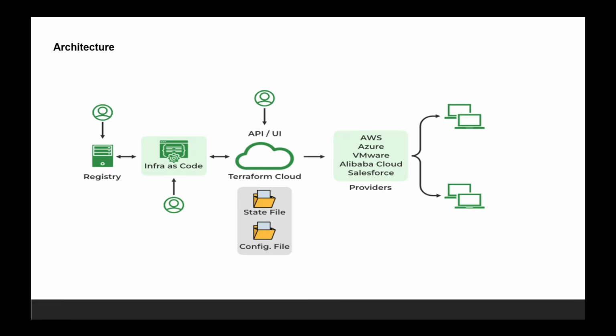This architecture works on the user's infrastructure as code. First, the user creates files containing the desired infrastructure. For example, the user can create an AWS EC2 instance, an Azure VM, and also VMware virtual machines. So infrastructure as code defines what the infrastructure should look like.